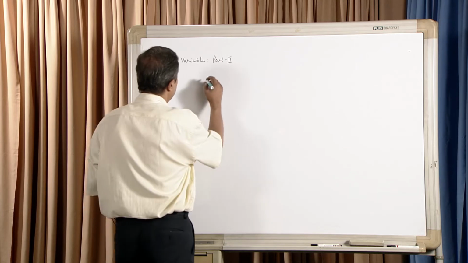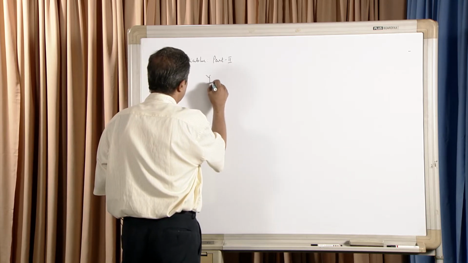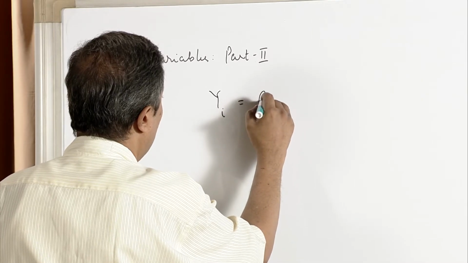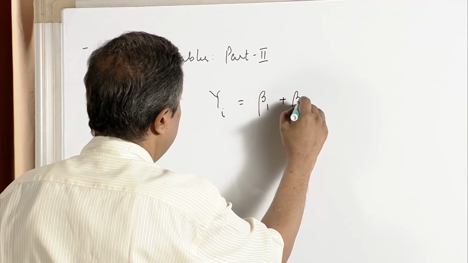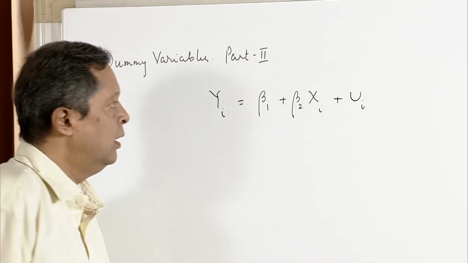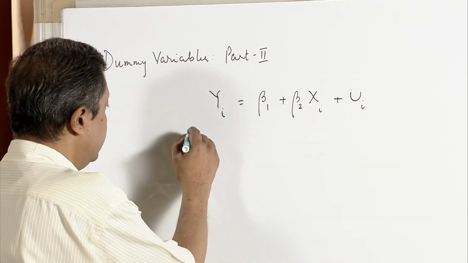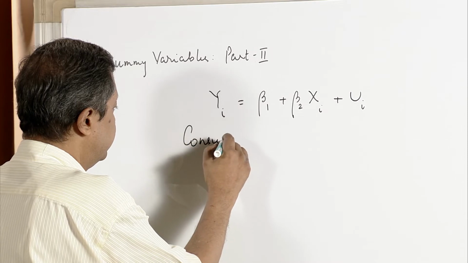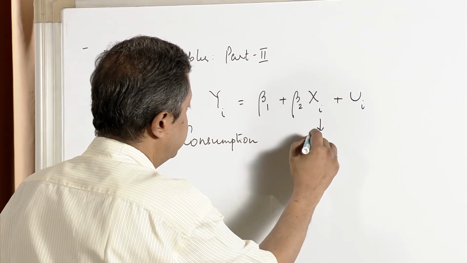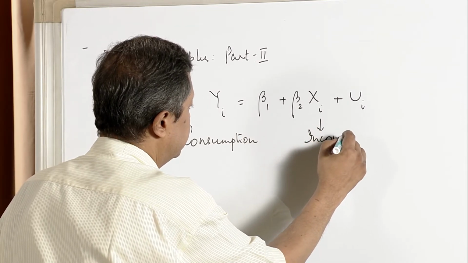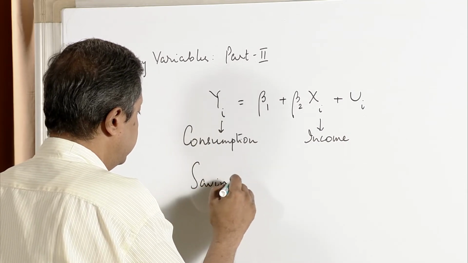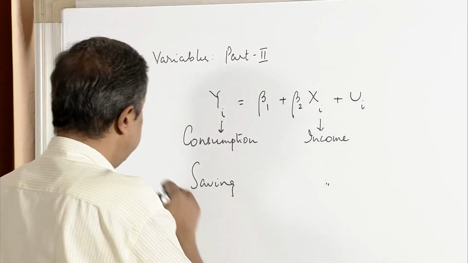So, our regression is y i equals beta 1 plus beta 2 x i plus u i. For example, this might be consumption and this might be income, or this might be saving and this might be income.